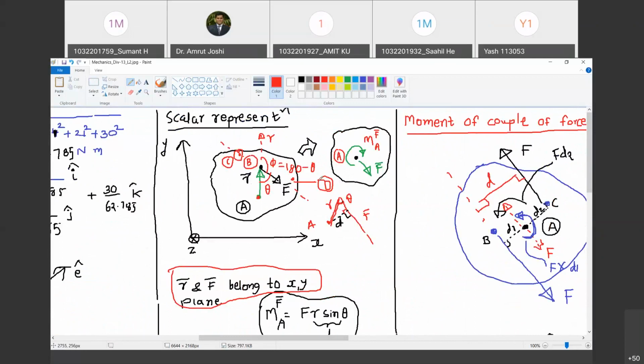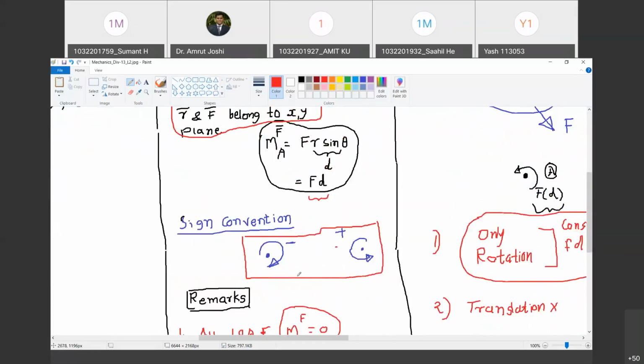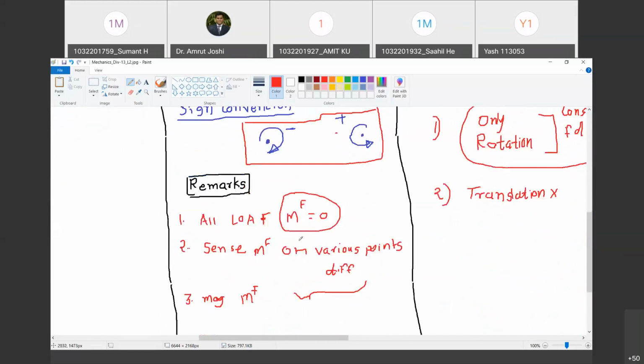Yes, sir. And when it is represented in the scalar form, we can denote its direction simply by assigning positive and negative signs to anti-clockwise and clockwise moments. Happy? Yes, sir.